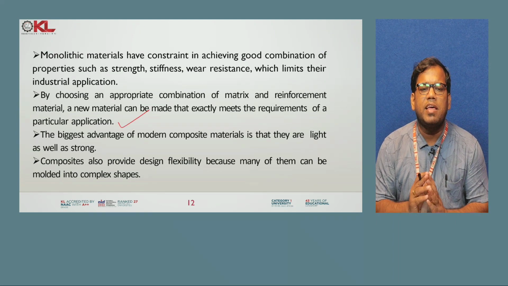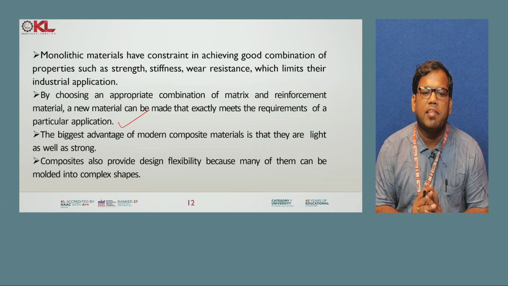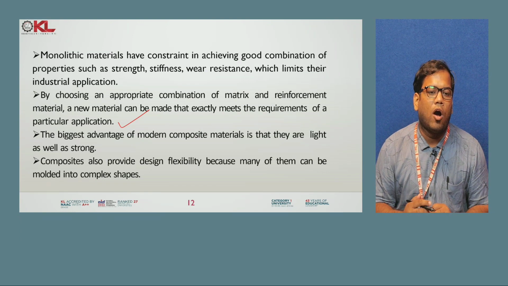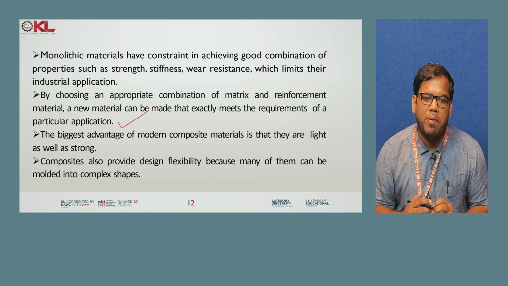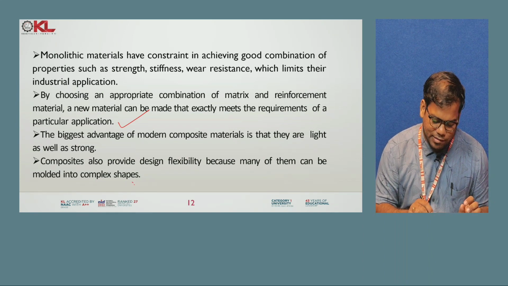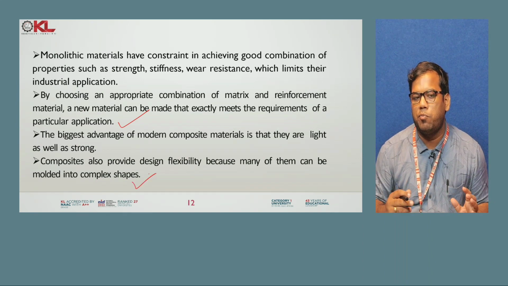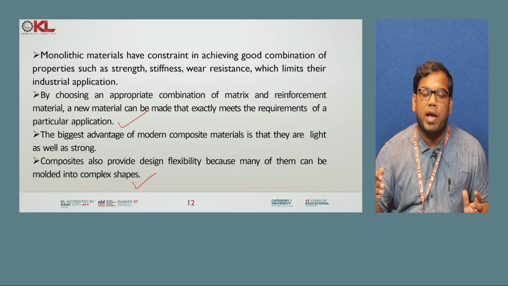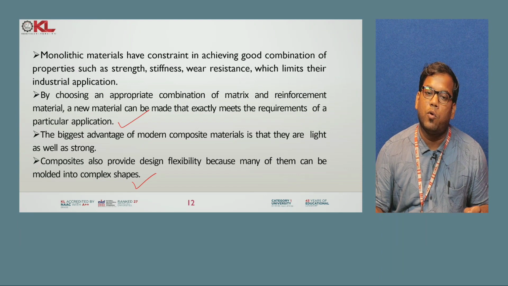The biggest advantage of modern composite material is that they are light as well as strong. The specific strength is higher. Composites provide design flexibility because many of them can be molded into complex shapes. So in complex shape manufacturing, we have our own flexibility to manufacture composite material as per our own requirement.